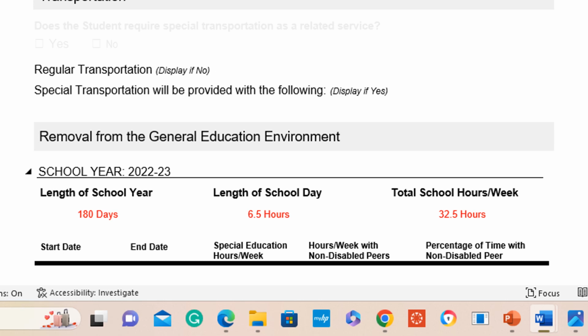But this is just to give the state an idea of how long students are included in the least restrictive environment, which is always the way the state would like it to be. They would like for students to be in the least restrictive environment as long as possible.